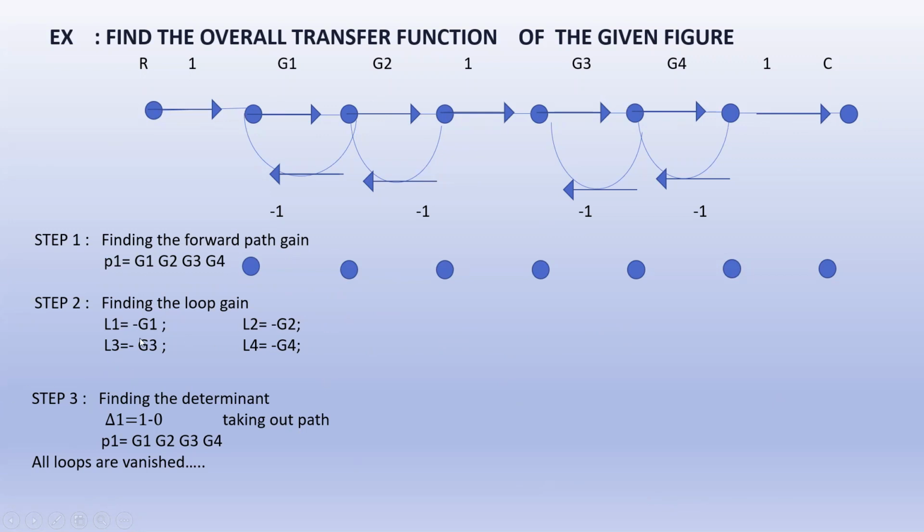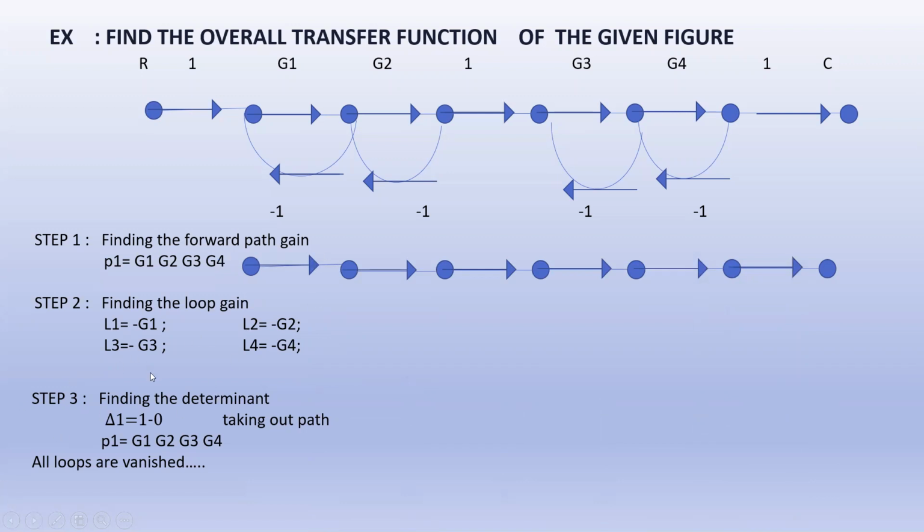So we have one forward path, and its gain is the product of the individual gains of these branches: G1, G2, G3, and G4. This forward path gain is depicted over here.